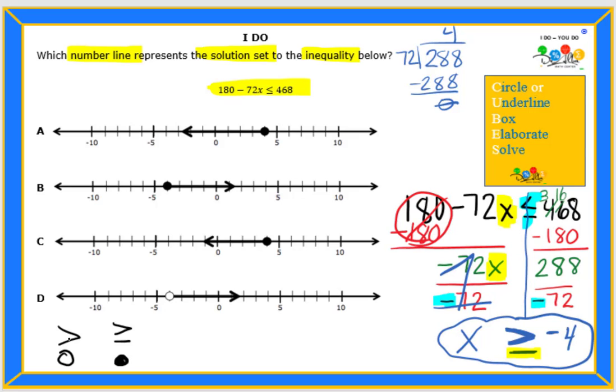And when we have just the greater than symbol with no equal sign, then we want any number that gets really close to this number, but not that number itself. So we leave it open to say we're getting as close to this number, but not that number as part of the solution set. So since we have the equal sign in our solution, we're going to have a closed circle. So that means D is out. Also, we can see here that we are starting at negative 4.